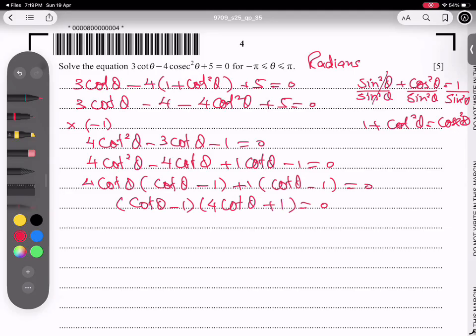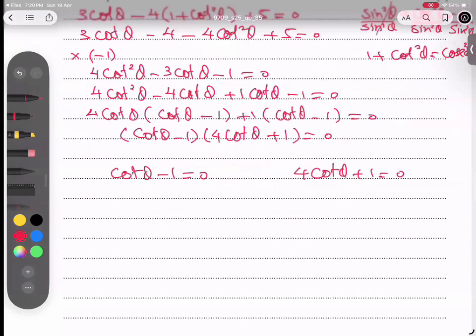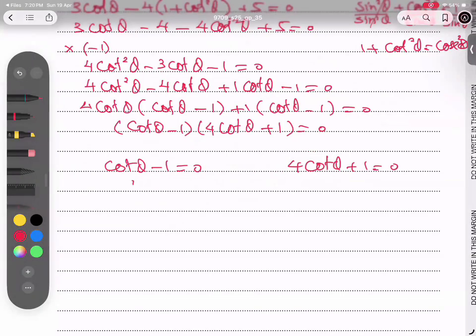So one time cot theta minus 1 equal to 0, one time 4 cot theta plus 1 equal to 0. So cot theta goes, 1 goes on the other side, and cot theta is equal to minus 1 upon 4. What is the cot? Basic cot is 1 by tan.